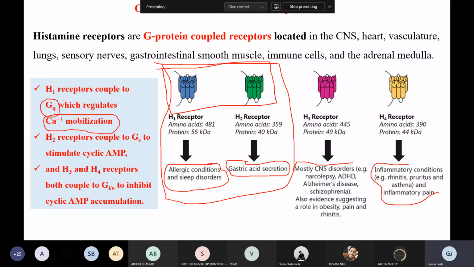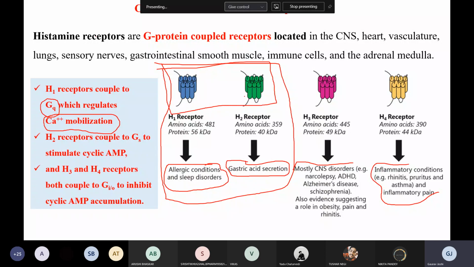So the H1 receptor actually couples to the Gq receptor, which is a subtype of the GPCR, right? They are involved in calcium mobilization. If we are taking an H1 antagonist, what will happen? This calcium mobilization will stop and the histamine will not get released, right? So this is the first mechanism.